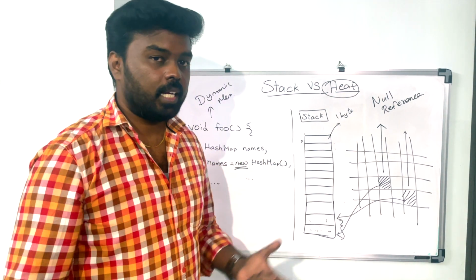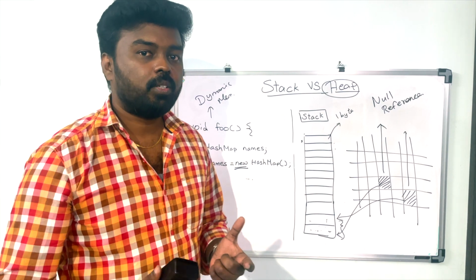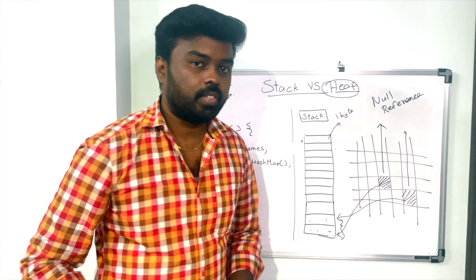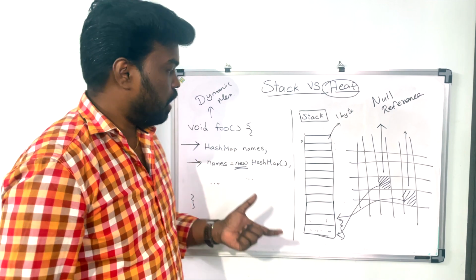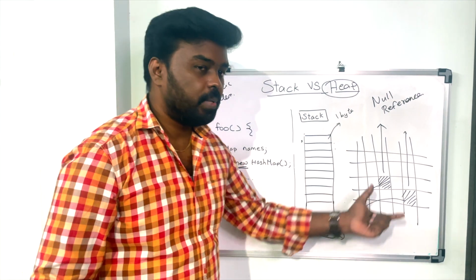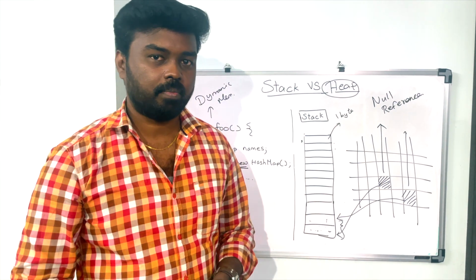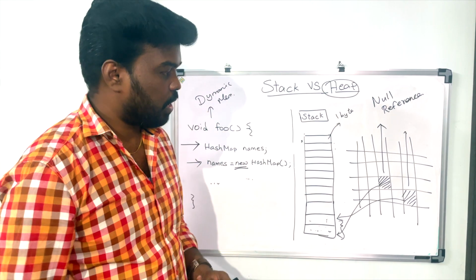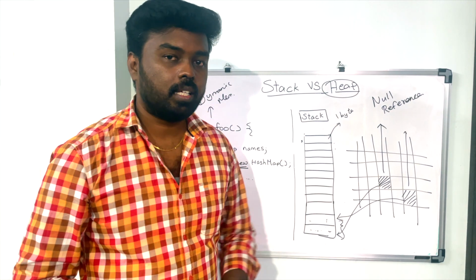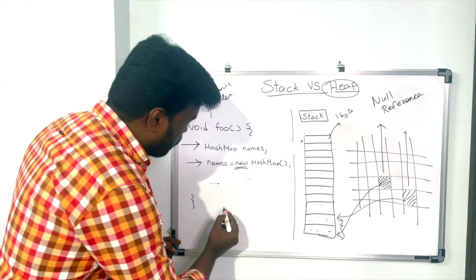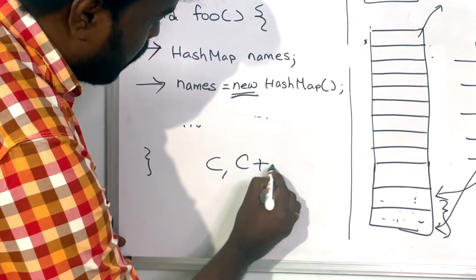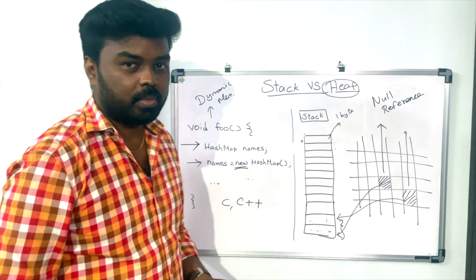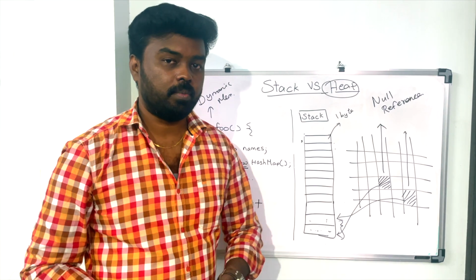Since heap memory is dynamic and the compiler does not know the size of the heap memory during compile time, there is no way the heap memory can be deallocated automatically. So that's why it is always the programmer's responsibility to deallocate the heap memory, especially in system programming languages like C and C++.